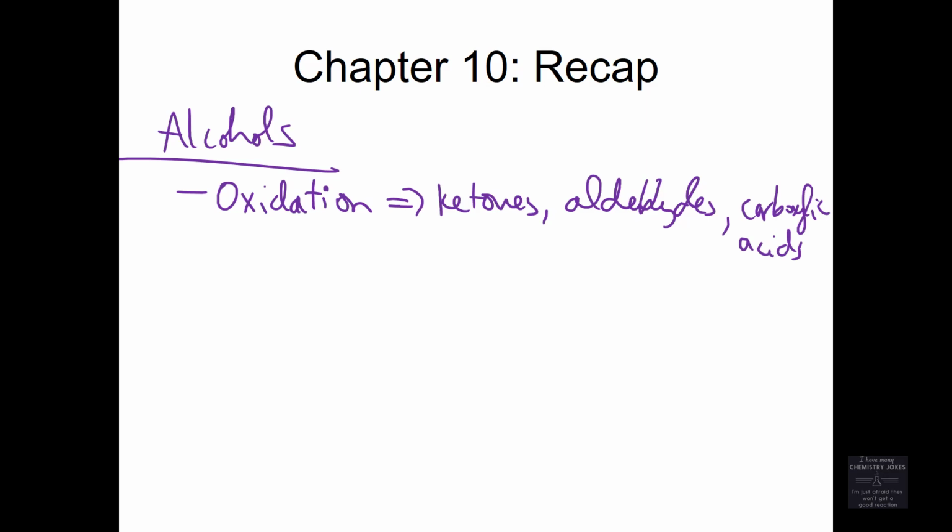Those are the three types of functional groups you can create when you oxidize an alcohol. Okay. We need to know if our oxidizing agents are strong or weak.